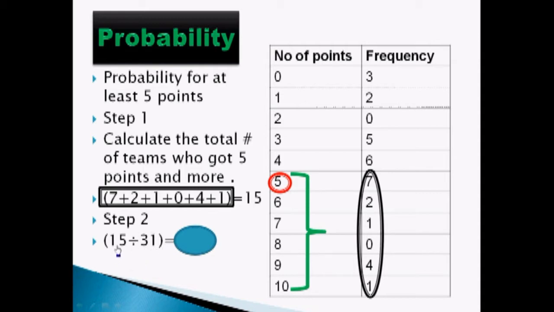So we divide that 15, which is this 15 here, by 31, and then our answer will be what? 0.48. So therefore, all we do is to carry out the same steps throughout when finding the probability.